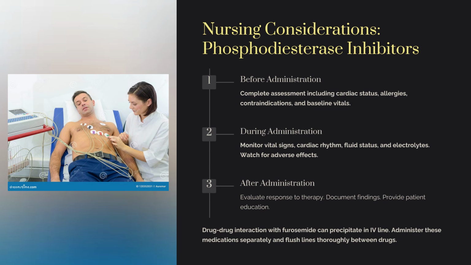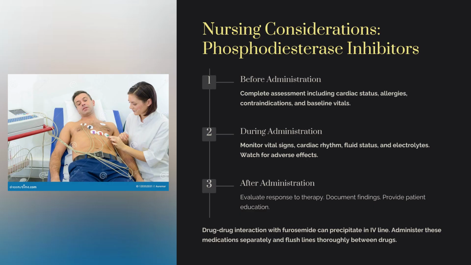So make sure that you do an assessment on your patient, monitor for those adverse effects, make sure that they don't have any of the contraindications. We want to know heart rate, blood pressure, rhythms, a baseline of vitals, fluid status, electrolyte levels, and we're looking for those adverse effects. Also, big deal here, it can precipitate.